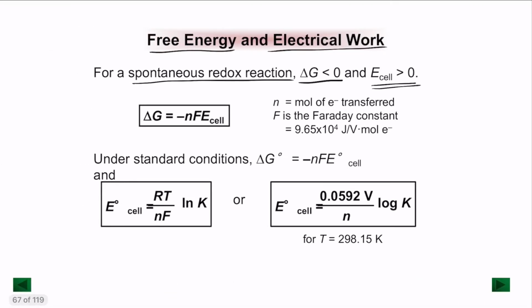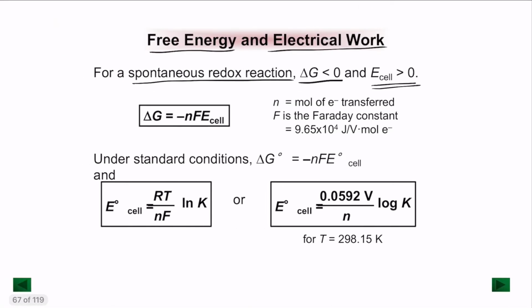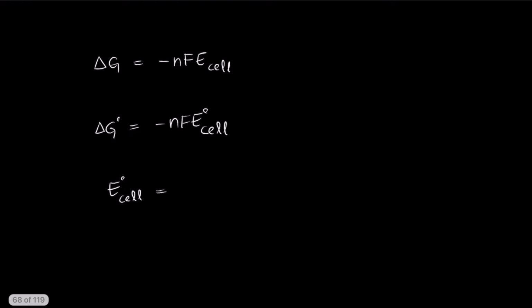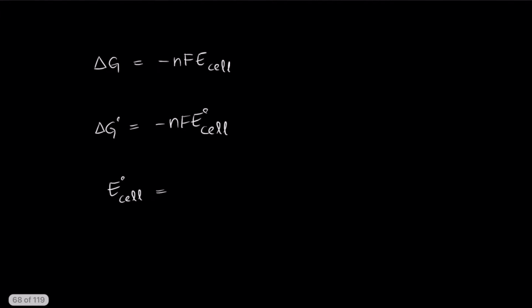Now, under standard conditions, we can also consider E of the cell here, where delta G can also be written as minus RT ln K, over NF.